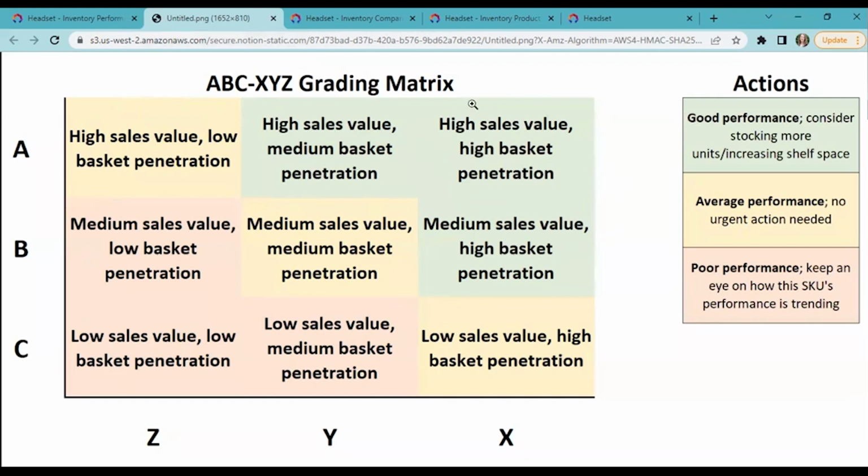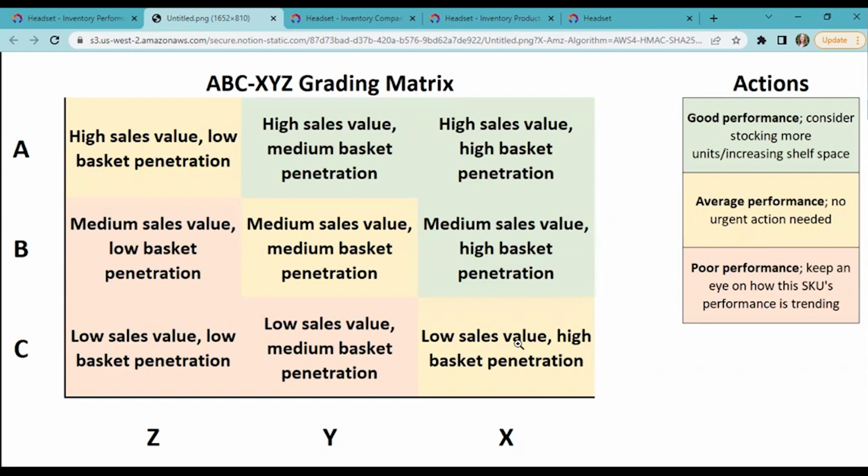So with this, it lays out how we're looking at each product. A good performer in AX is going to be high sales value and high basket penetration. Those are awesome products. Average is going to be either high sales value and low basket penetration, or low sales value and high basket penetration. So you'll see some products like pre-rolls, for example, they're at a lower price point, but they often have higher basket penetration.